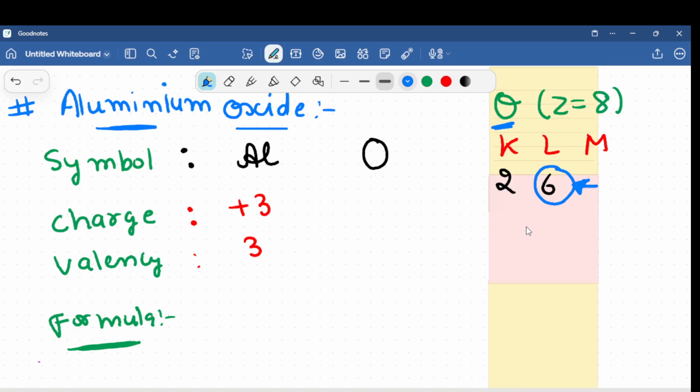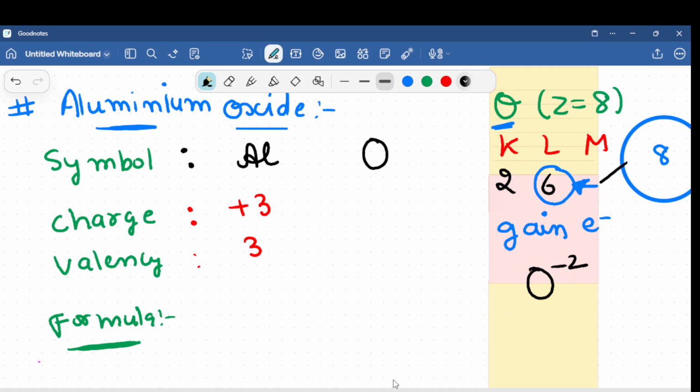It means that it will gain electrons to complete its octet, right? So we know that there should be 8 electrons in outermost shell according to octet rule. But how many electrons are there in the outer valence shell of oxygen? It is 6. That's why it needs 2 more electrons. So the valency of oxygen will become minus 2, right?